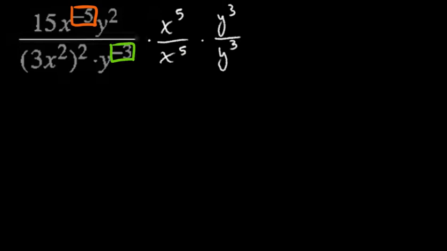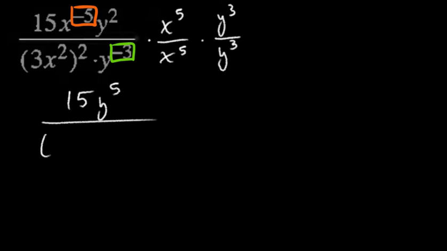So let's go ahead and write where we're at now if we multiply by those two values. I believe we end up with 15 in my numerator, y to the 5th.